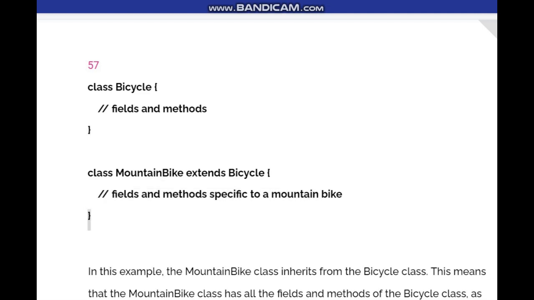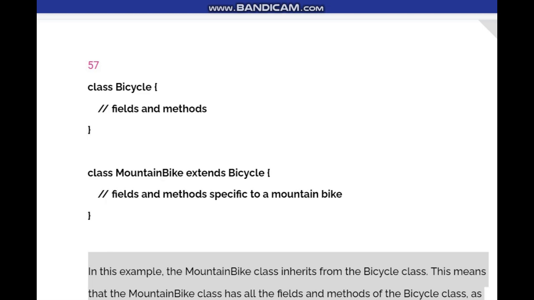In this example, the MountainBike class inherits from the Bicycle class. This means that the MountainBike class has all the fields and methods of the Bicycle class, as well as any fields and methods that are specific to a mountain bike.